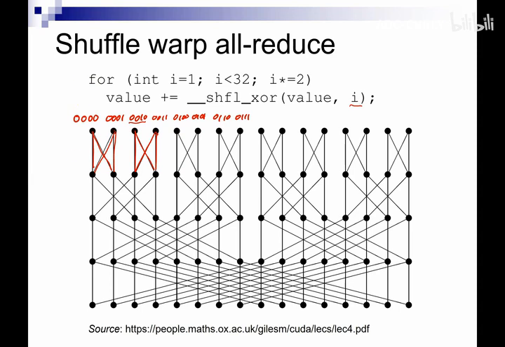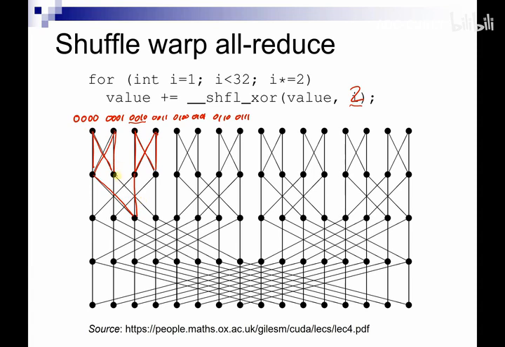We have a for loop here. The first iteration, you just take the next thread and add the value. The next iteration of the for loop, you take nodes which are distance 2 away and add their values, because now in the second iteration, the value of i is 2. For example, if you take 0000 and XOR with 2, you get exactly 0010.